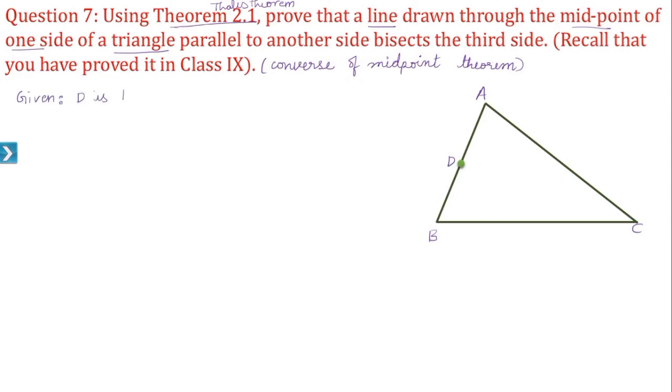Line drawn through the midpoint parallel to another side bisects the third side. Now it is given that D is the midpoint of AB. Now line drawn through D is parallel to another side. Now line through D is parallel to BC.